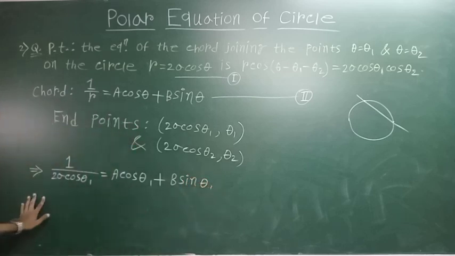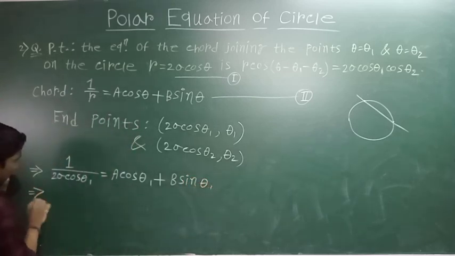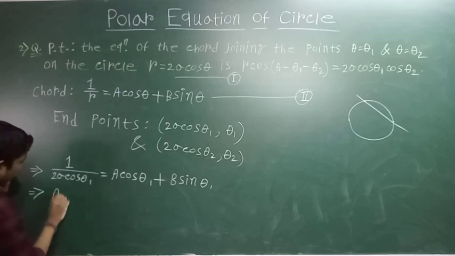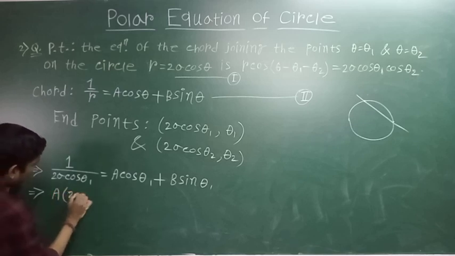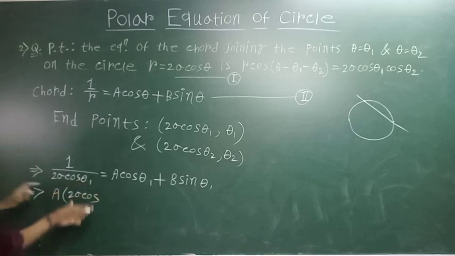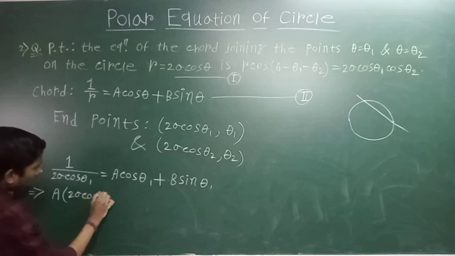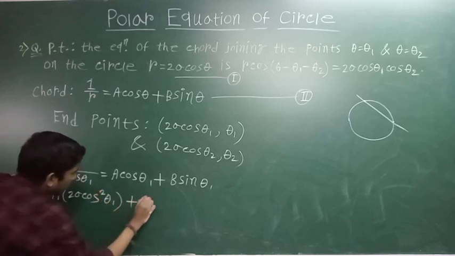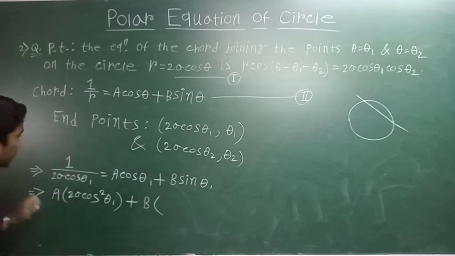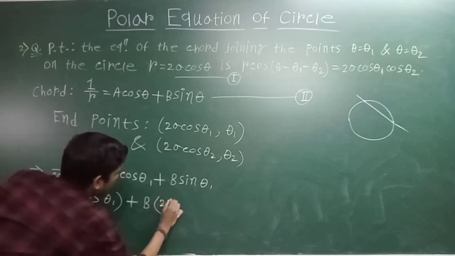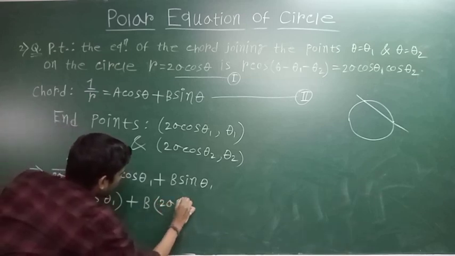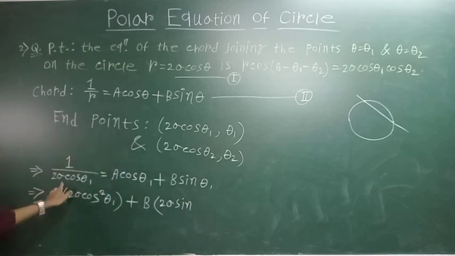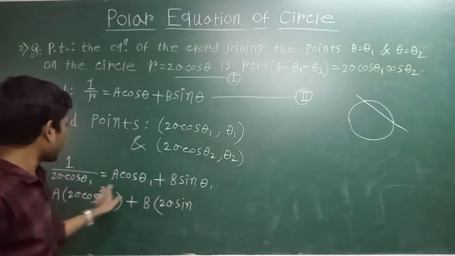Okay, now this implies a into 2a, if we multiply both sides by 2a cos theta 1, we get 2a cos square theta 1 plus b into 2a sin theta 1 into cos theta 1.